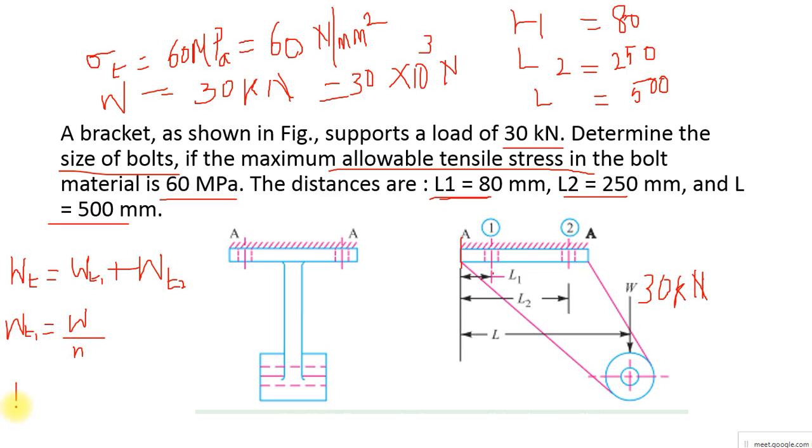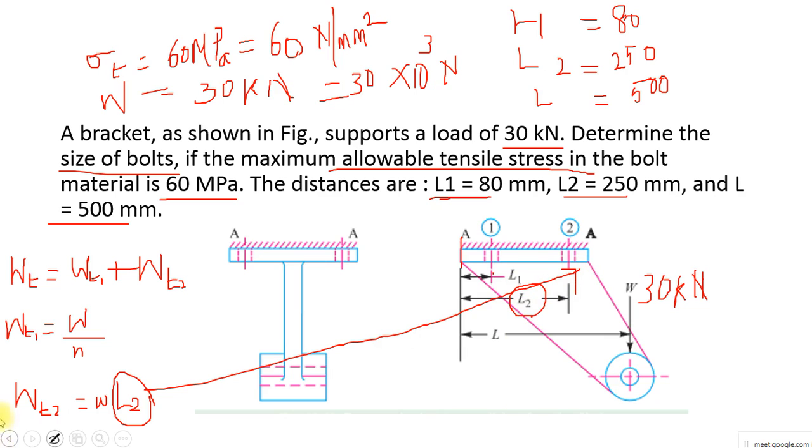And WT2 can be found by small w into L2. I already told you why we multiply by L2 here: since this particular bolt will bear more load, we have to take this length to find the total load acting at 2. Okay, now let us solve the problem here. These formulas are enough to identify the diameter of the bolt.